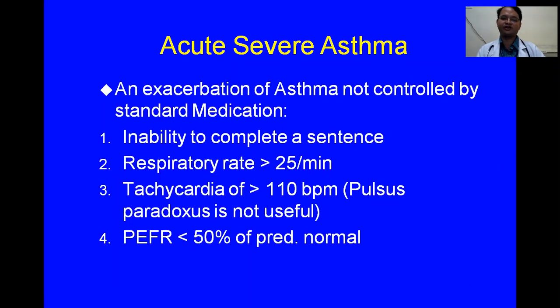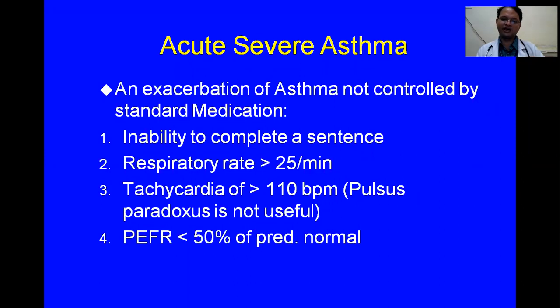So, if the patient is having acute severe asthma, like we have just discussed, the asthmatic exacerbations, if they are present, how do you detect that? An exacerbation of asthma is not controlled by the standard medication, and the patient will be having inability to speak in complete sentences. He'll be unable to complete even a sentence.